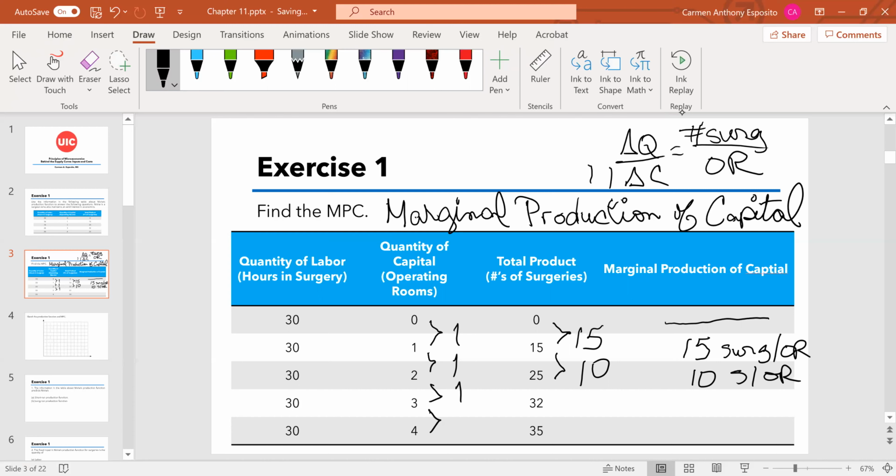Conveniently, this will all be 1. And to go from 25 to 32 is 7. And from 32 to 35 is 3. So 7 and 3. And the same units apply. So we just found this first thing.